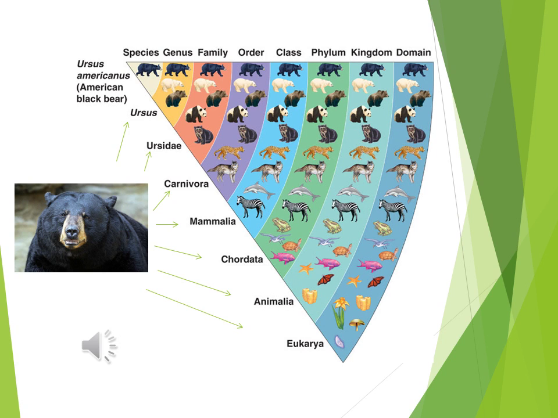A genus is a group of similar species. The bear in the example is the American black bear. Its scientific name is Ursus americanus. This is the species. A species is a group of organisms that have similar traits and are able to produce fertile offspring.